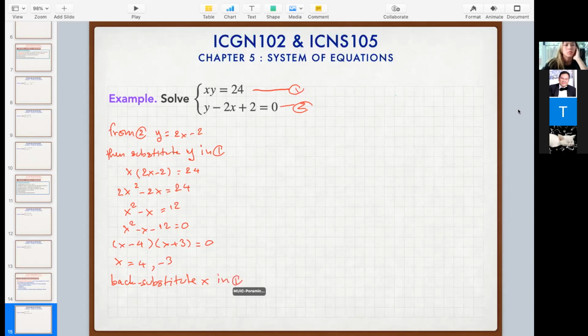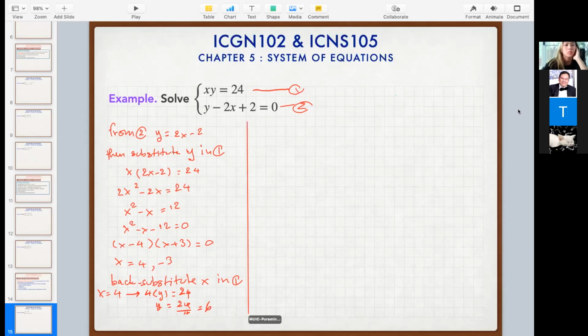When x equals 4, 4 times y equals 24, so y equals 24 over 4 equals 6.